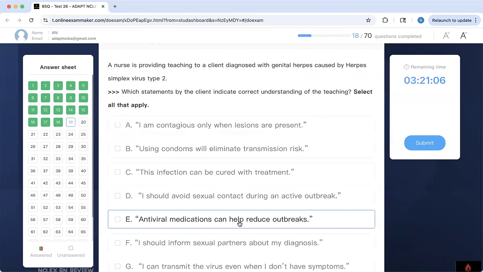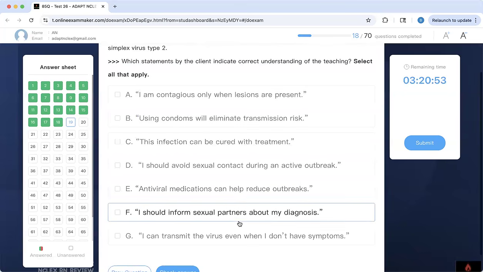And this is providing teaching to a client diagnosed with what? Genital herpes caused by herpes simplex infection, infectious disease and health promotion. Which statement by the client indicates correct understanding of the teaching? Herpes simplex, very testable. Select all that apply. Contagious only when lesions are present. Using a condom will eliminate transmission risk. This infection can be cured with treatment.